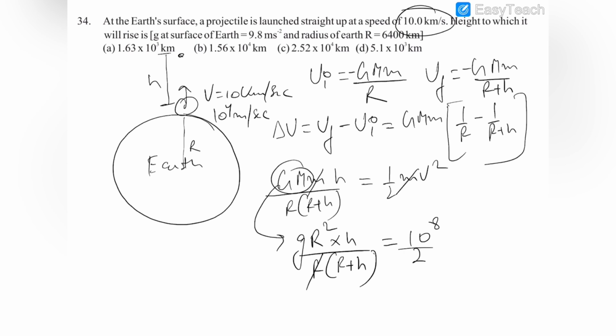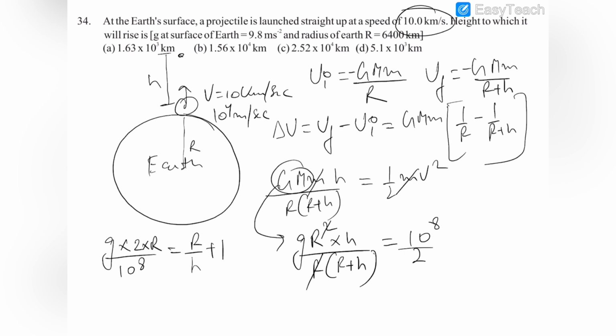So we can cancel out this, and you can see that g into 2 divided by 10 raised to power 8 is equal to R by h plus R, and here it would be 1 R also.